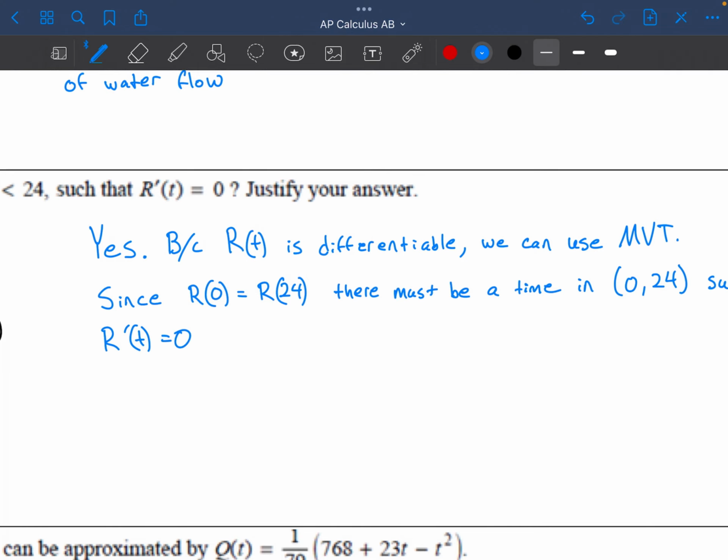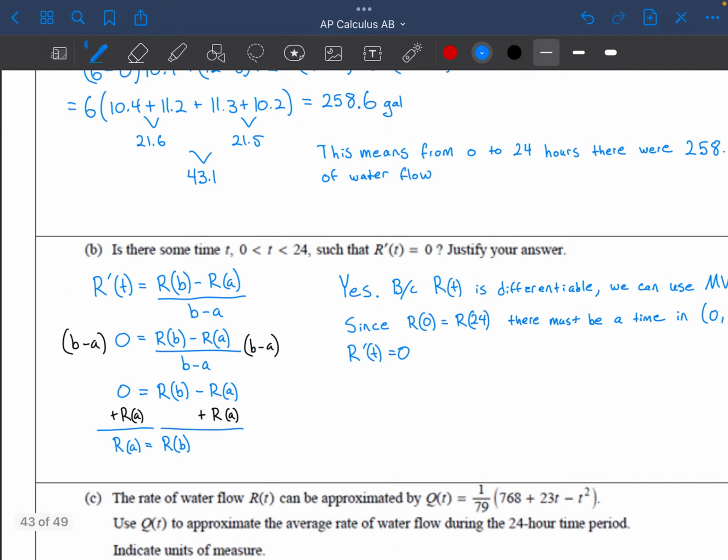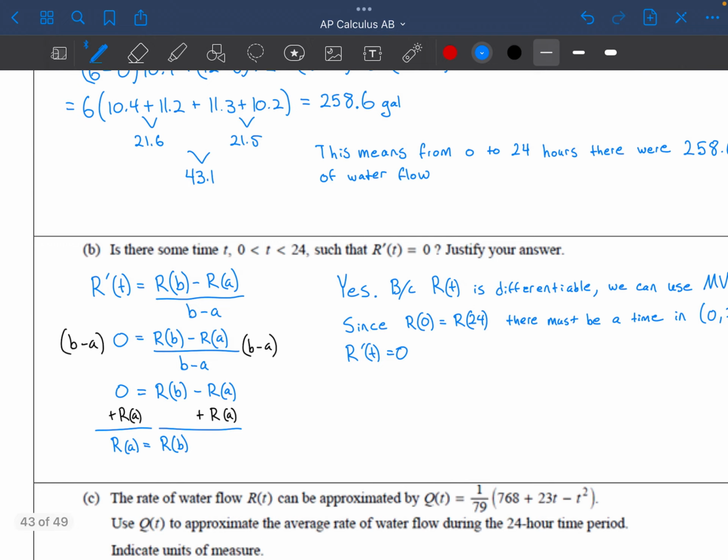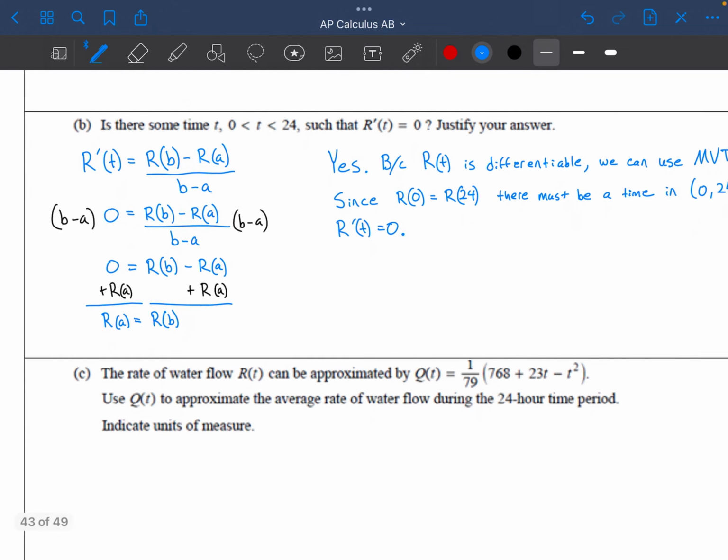And that's all you have to say. But again, all of that logic came from over here on the left-hand side, which you don't have to restate because you'll already know that, right? That's all you need to say.